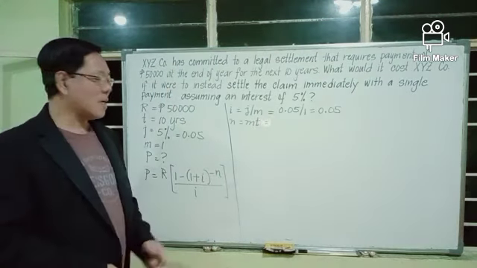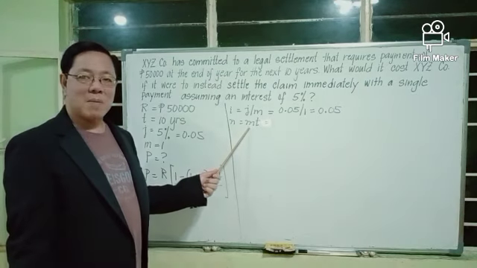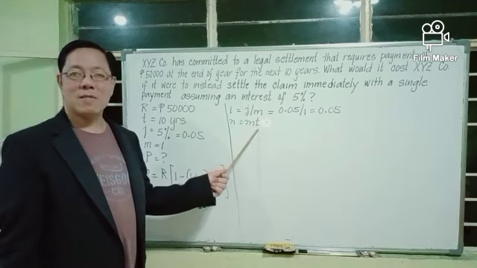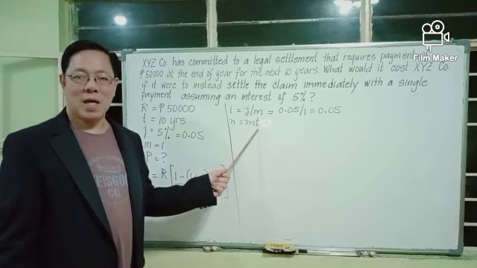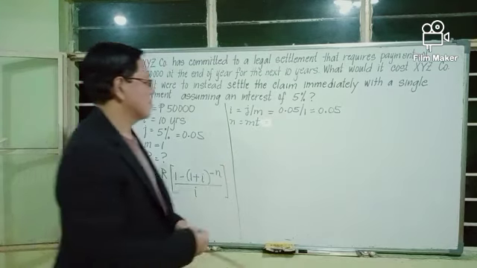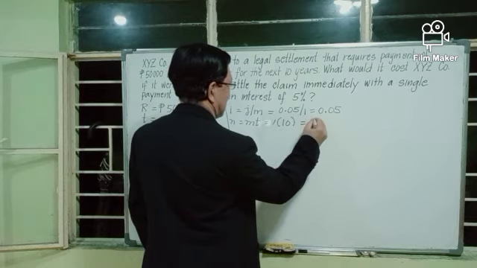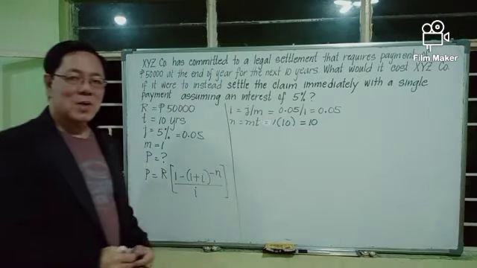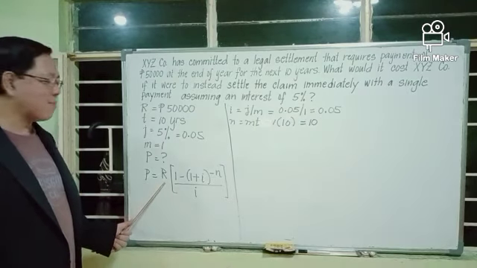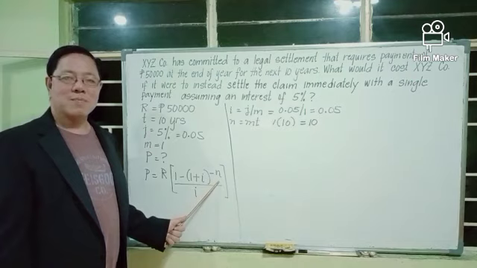Where m is 1, because the payments are made annually, once a year. For 10 years, t is equal to 10. m is 1, t is 10. And we substitute into this formula the value of R, 50,000 pesos, i is 0.05, and n is 10.